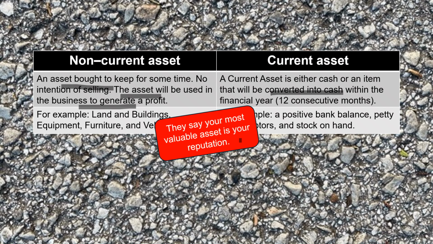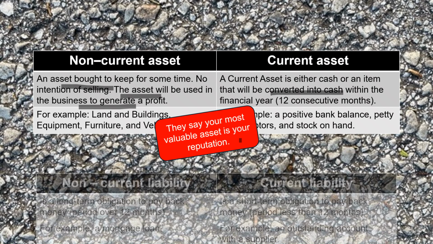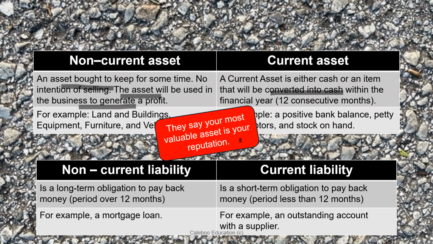And there's a definition again of current assets. Non-current liability is a long-term obligation to pay back over 12 months. Current liability, accounts payable, for example, you owe a supplier.